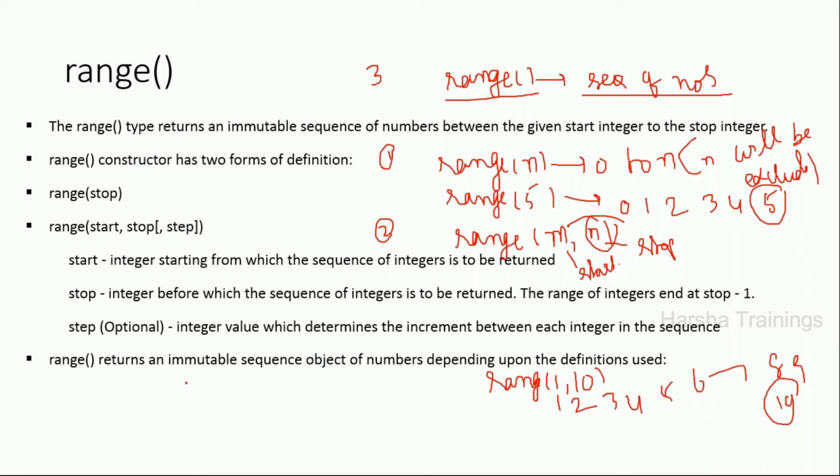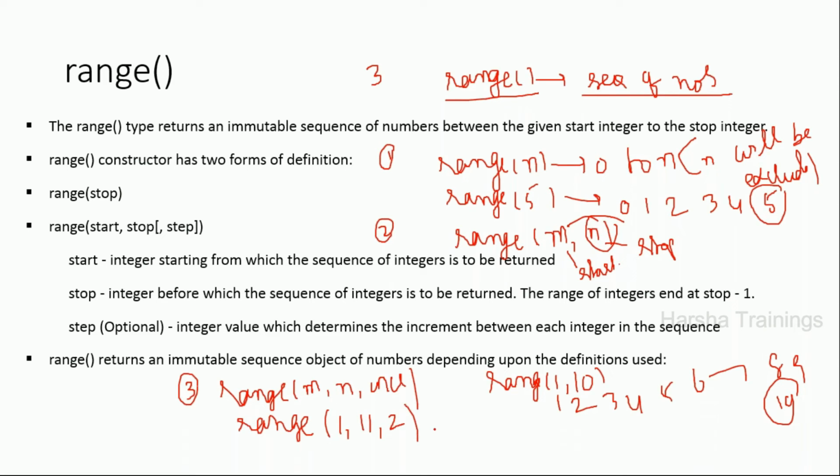Now, shall I go to the third syntax of range? Here we have three arguments: m comma n comma increment. Let us take a small example: range of 1 comma 11 comma 2.